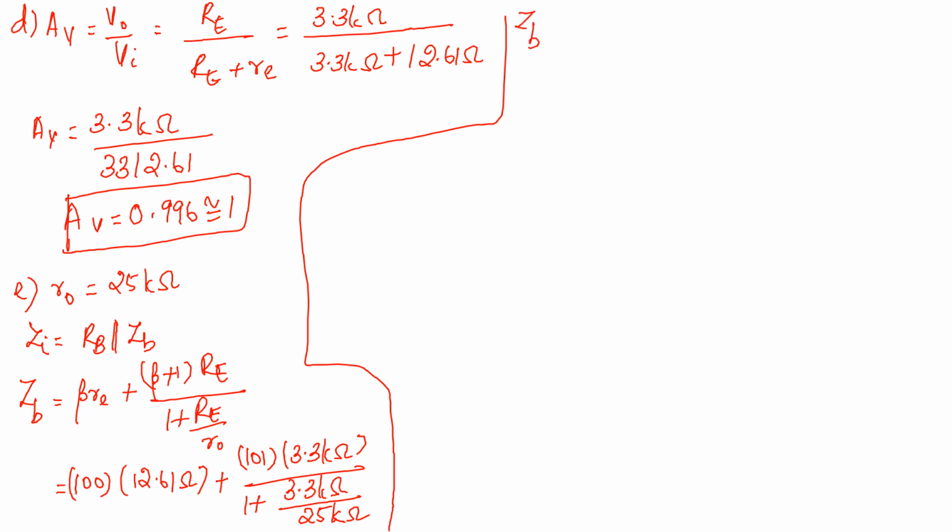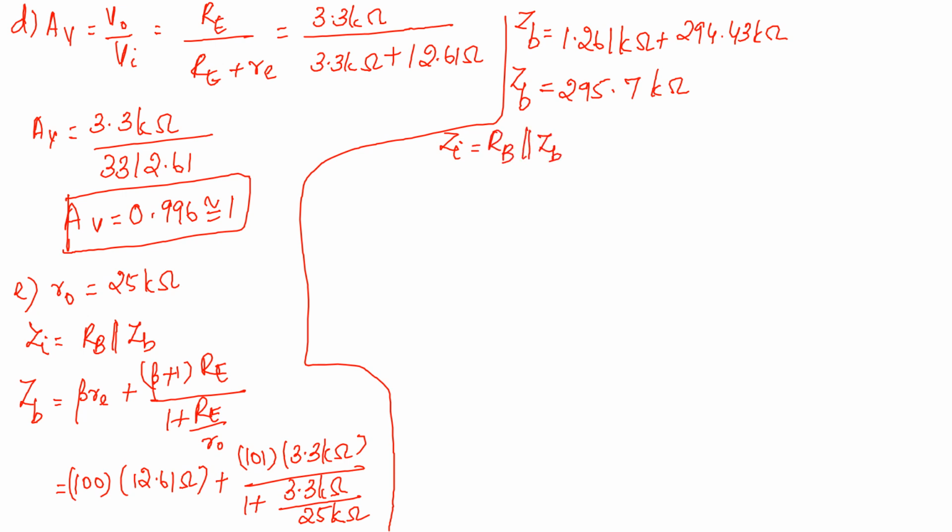So ZB will be equal to, after solving, what you will be getting? 1.261 kilo ohm plus 294.43 kilo ohm. So ZB you will be getting approximately equal to 295.7 kilo ohm. Okay.